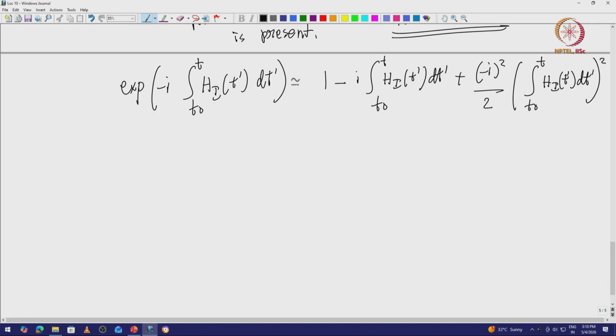Now if you differentiate this, let us just differentiate this with respect to time. If you differentiate with time, you get 1 by 2, quadratic term differentiation.